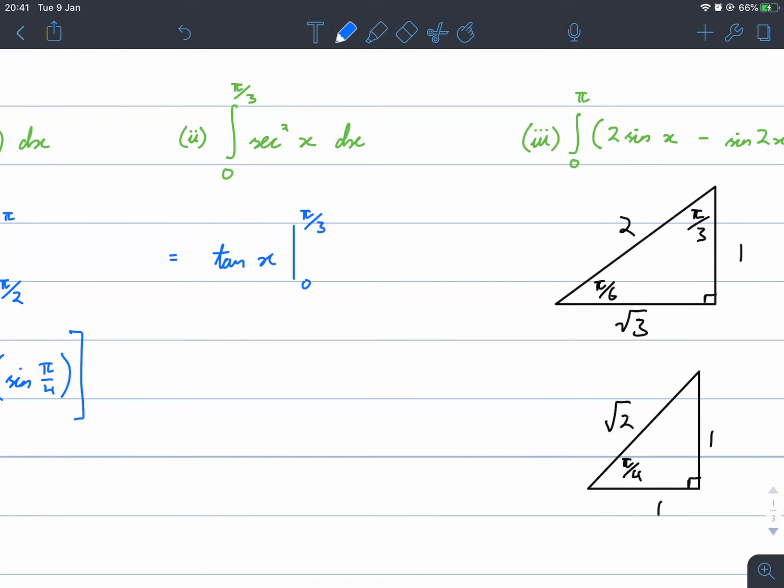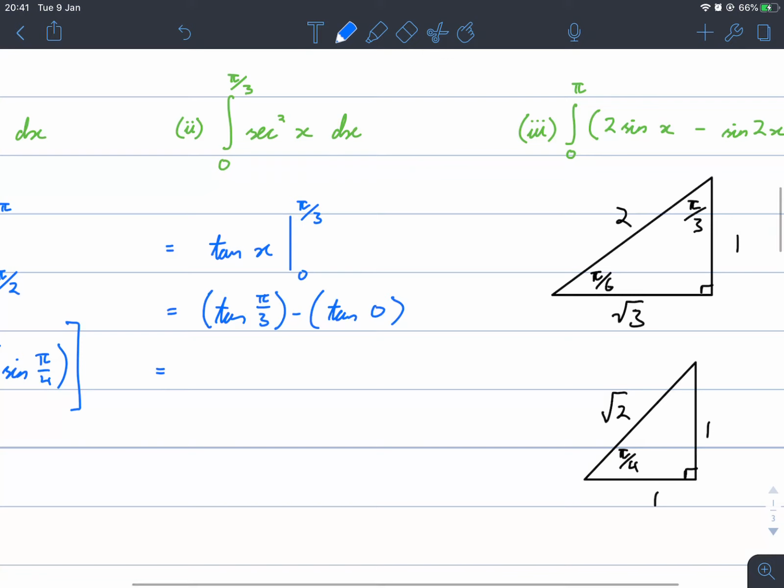Let's substitute these in now. This becomes tan pi on 3 minus tan of 0. Tan pi on 3 here is root 3 on 1, so this is just root 3.